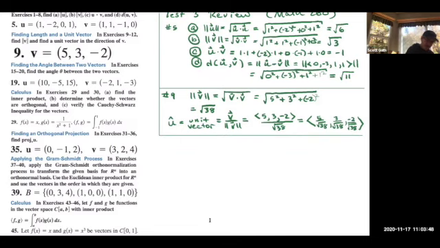All right, so then next I have number 19. Here I'm supposed to find the angle between the two vectors. Just to remind you, cos theta is u dot v over the magnitude of u times the magnitude of v.